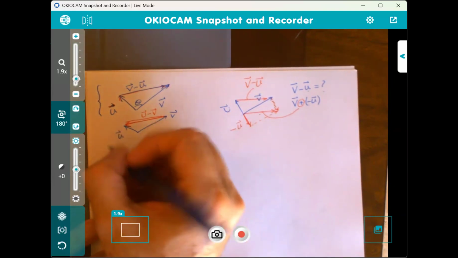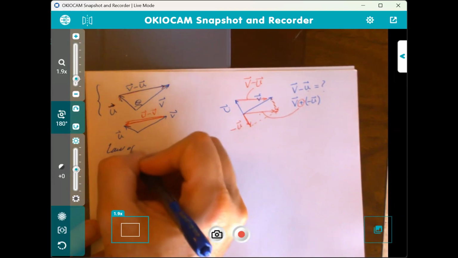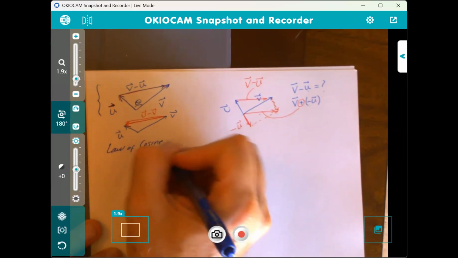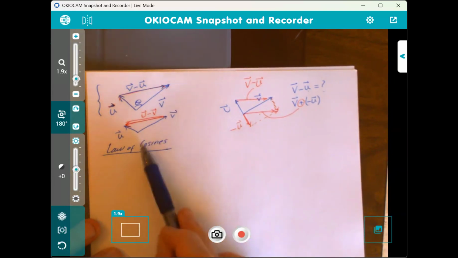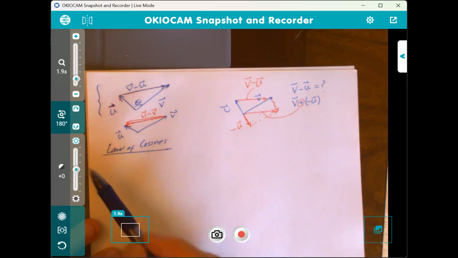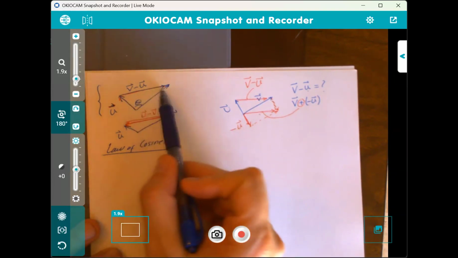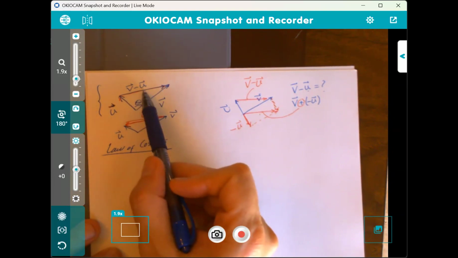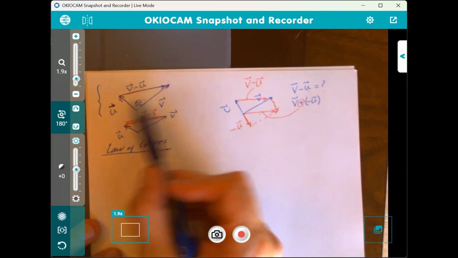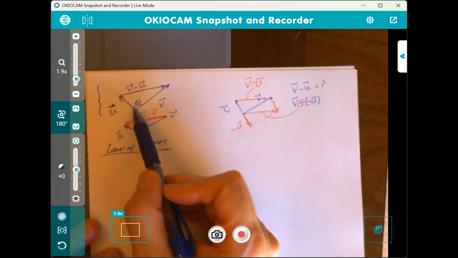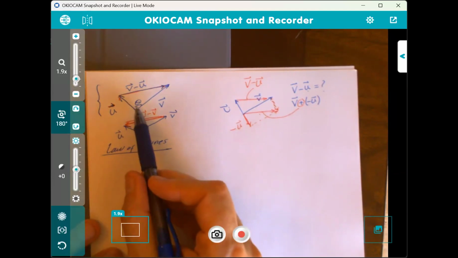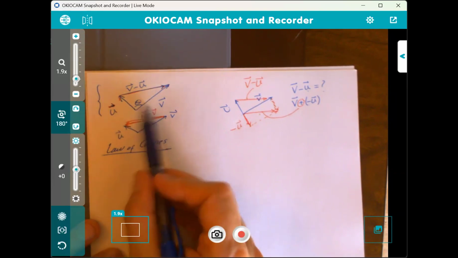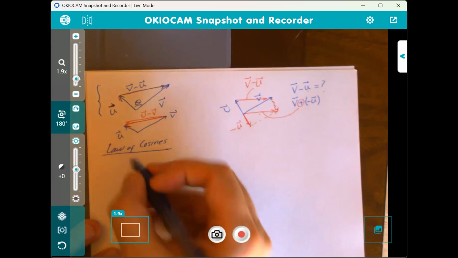If you recall the law of cosines from trigonometry, it says that in a triangle, the square of one side is equal to the sum of the squares of the other two sides, minus twice the product of the two sides times the cosine of the included angle.